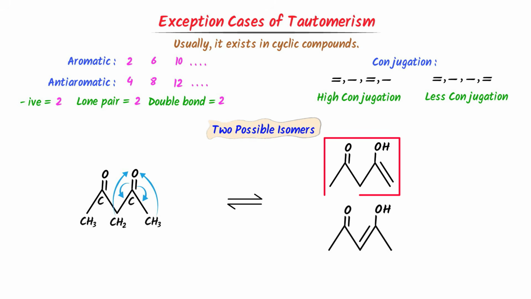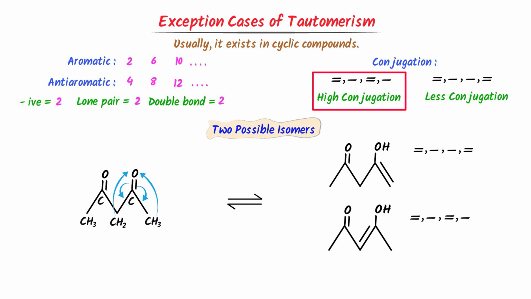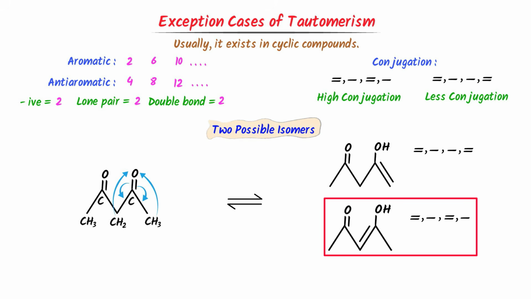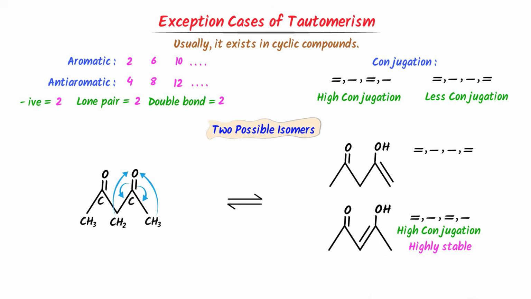This compound has single bond, double bond, single bond, single bond, double bond. While this compound has single bond, double bond, single bond, double bond, and so on. We know that if a compound has alternate single and double bonds, it is more conjugated and more stable. This compound has alternate single and double bonds, so it is more conjugated and more stable.